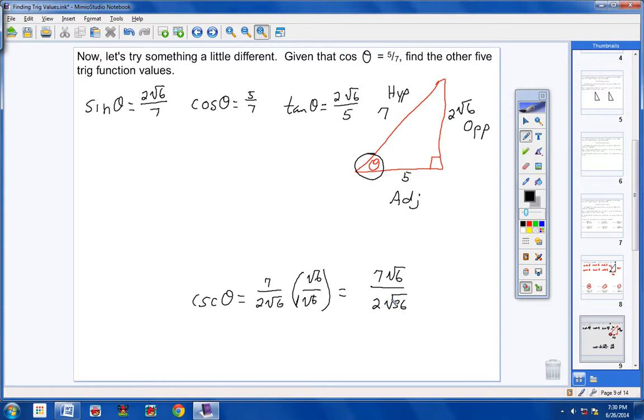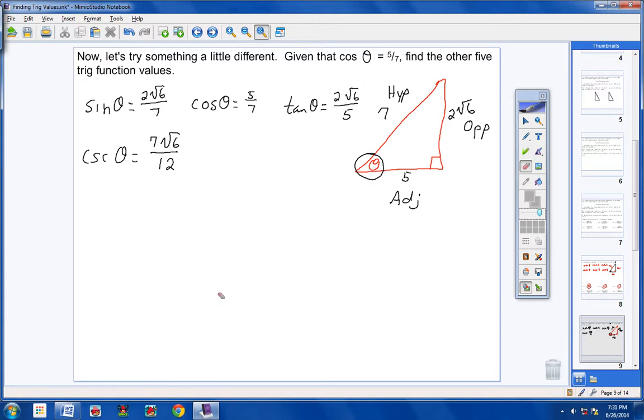And now the square root of 36 is 6. So you really have 2 times 6, which is 12. So the cosecant of theta is going to be 7 square root of 6 over 12. You never want a radical in the denominator.